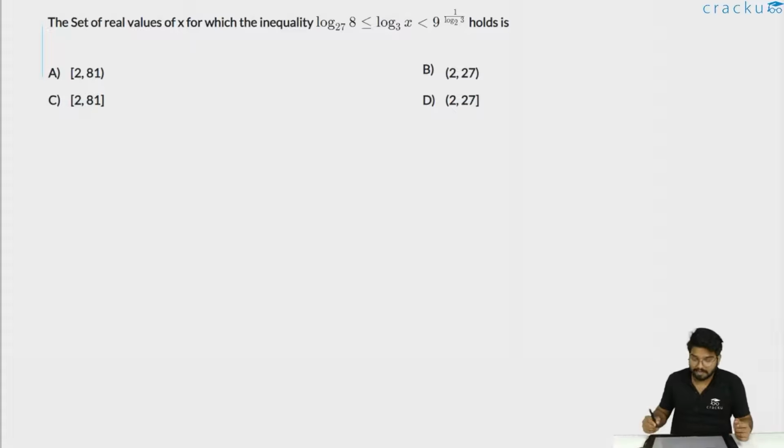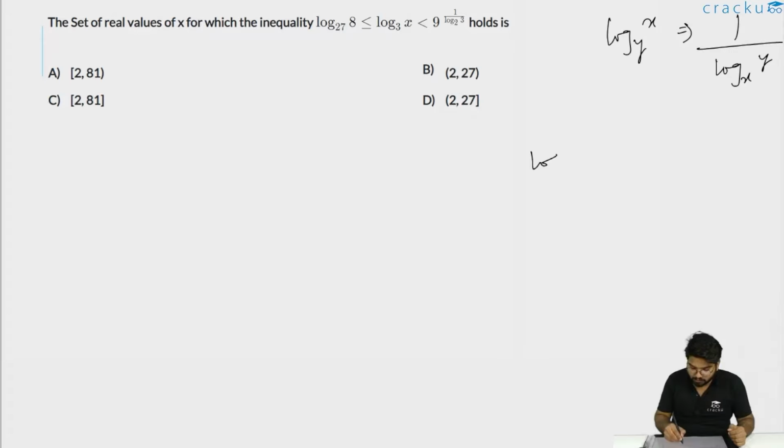The property says that if I have log x with base y, this can be written as 1 by log y with base x. How? Let's say we have log x with log y.